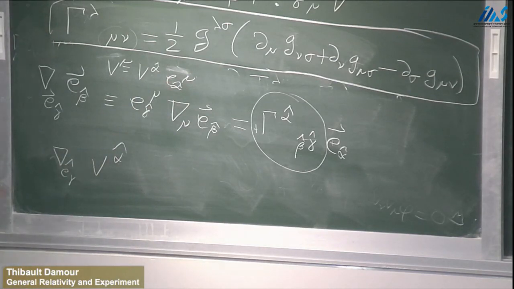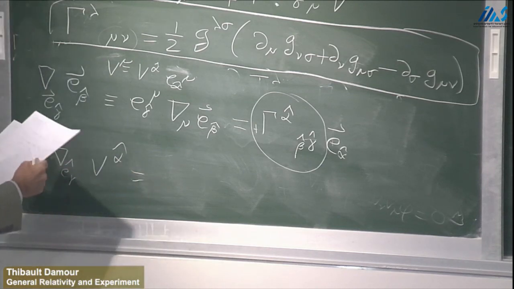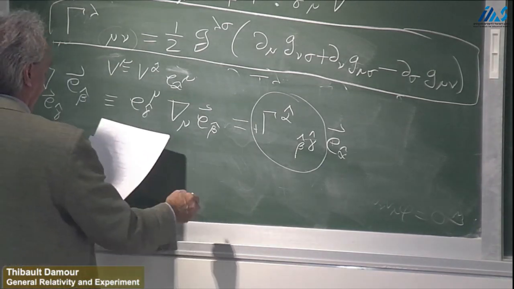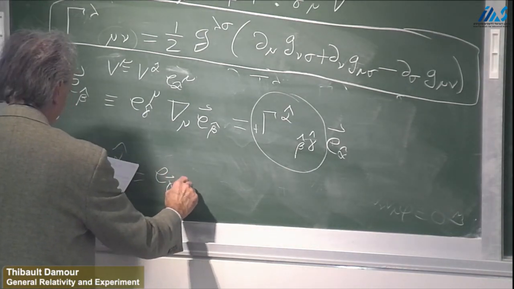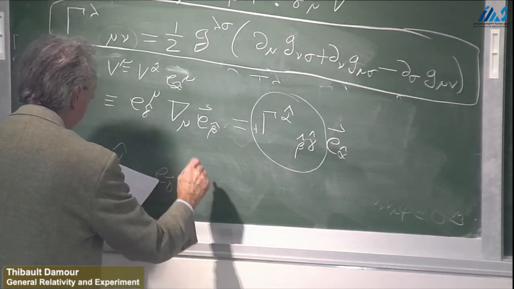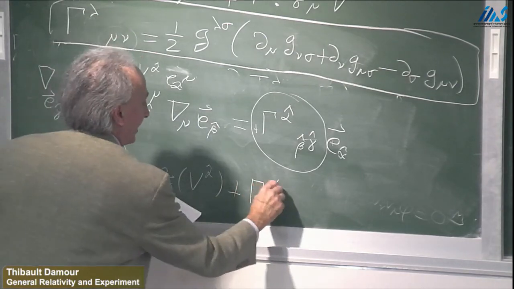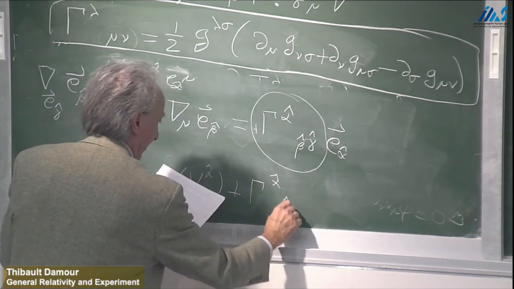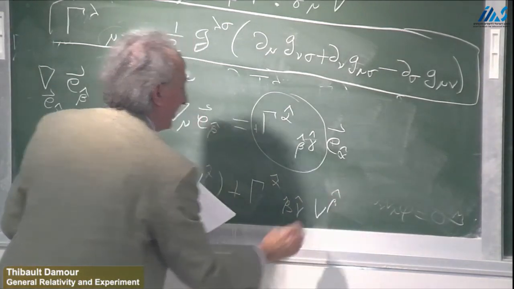I can now compute the covariant derivative of these objects, and you find that this is the directional derivative, so let me introduce this notation, plus now with the same sign, gamma alpha beta gamma V beta.